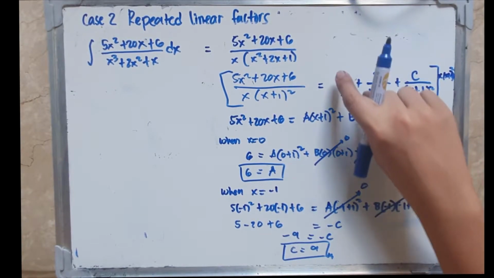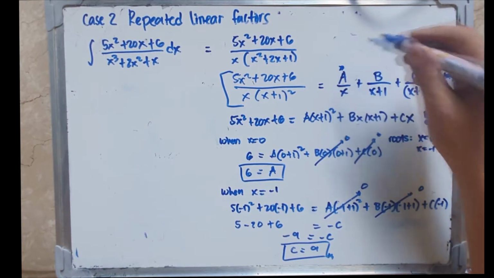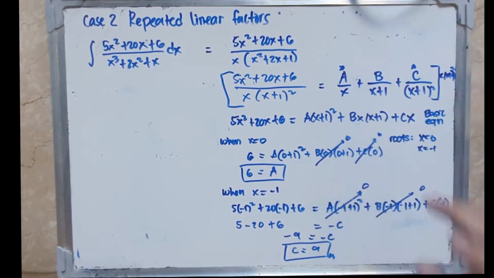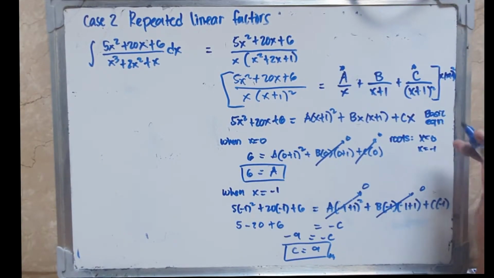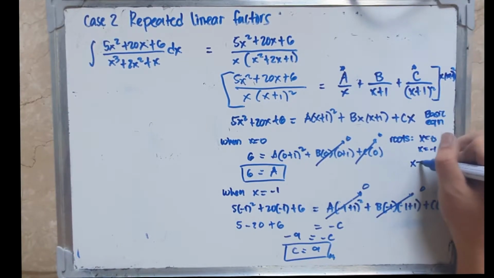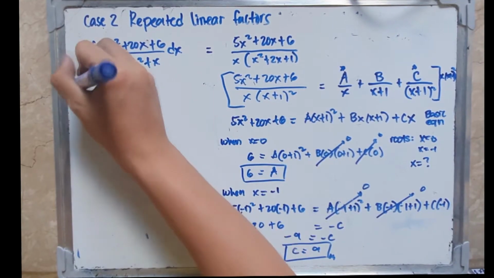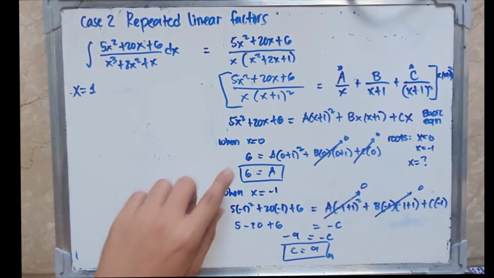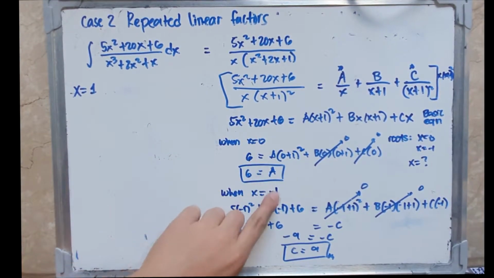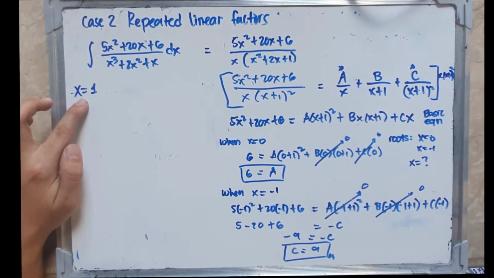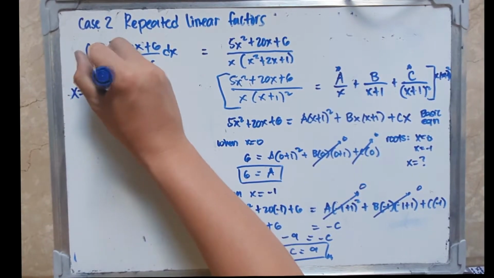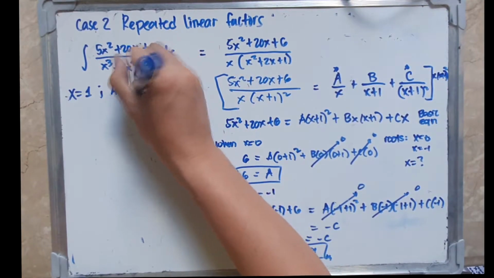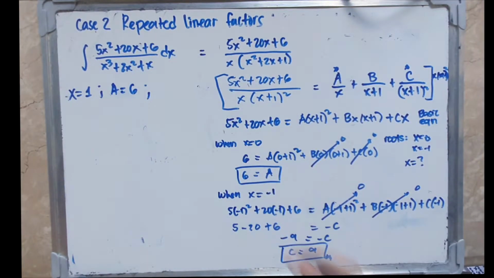We already have the value of A and C. We need to solve for the value of B by substituting any value of x. So let's try when x is equivalent to 1. We already have when x is 0 and when x is negative 1. Let's choose when x equals 1, considering the value of A as 6 and the value of C as 9.